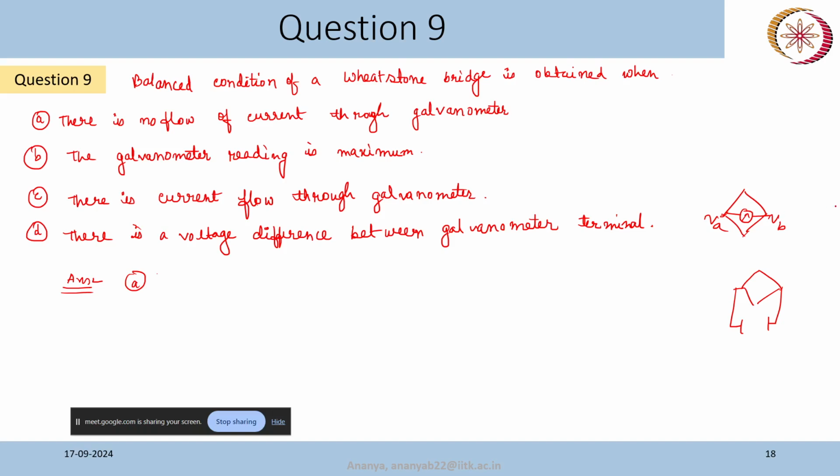You know how we place an ammeter and a voltmeter in a circuit. If we measure voltage across a resistor, we place it parallel to that resistor. If we want to measure the current through it, we place the ammeter in series with the resistor. So the galvanometer measures current. We make the connections like this.